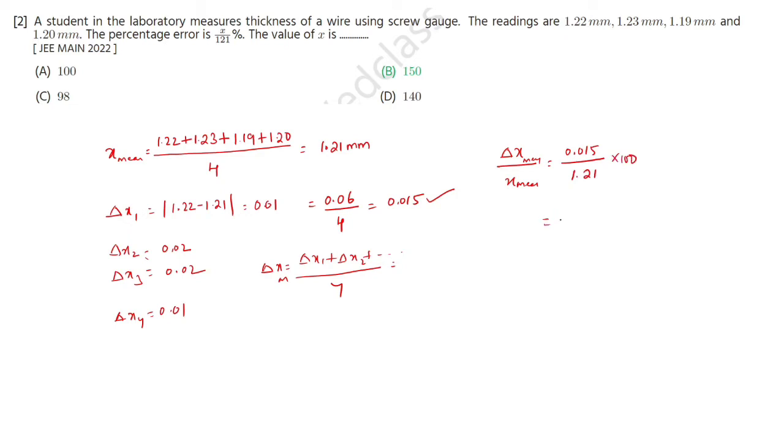So if you simplify this, so 0.015 divided by 1.21 into 100. That means here you will be getting the value like 150 divided by 121. So in the question they given it as x divided by 121, no? So in the place of x we are having 150. So see the next question.